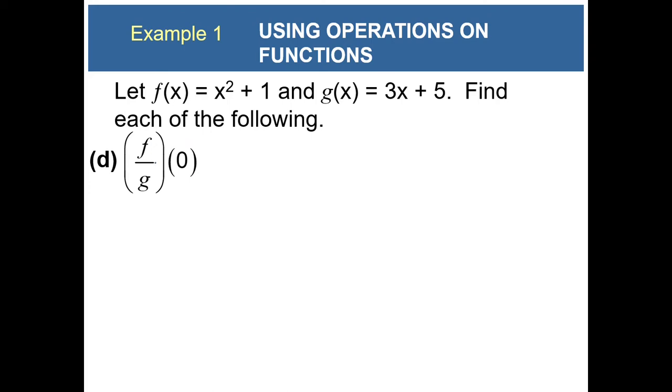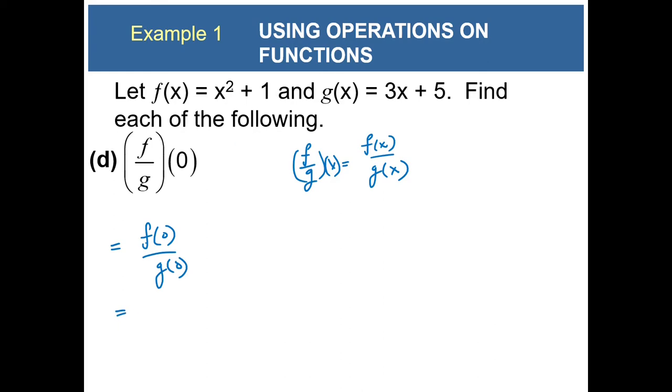Part D, we're doing a quotient, f divided by g of 0. We'll start with the definition again. F over g of x is equivalent to f of x divided by g of x. According to the definition, part D implies f of 0 divided by g of 0.